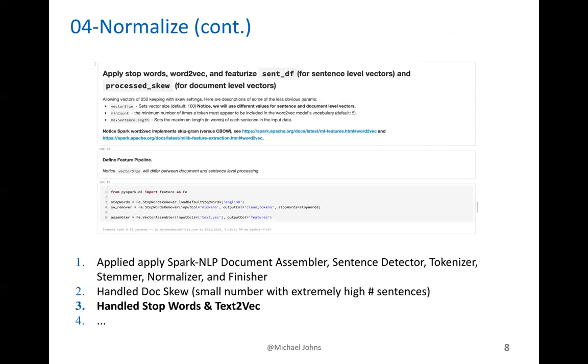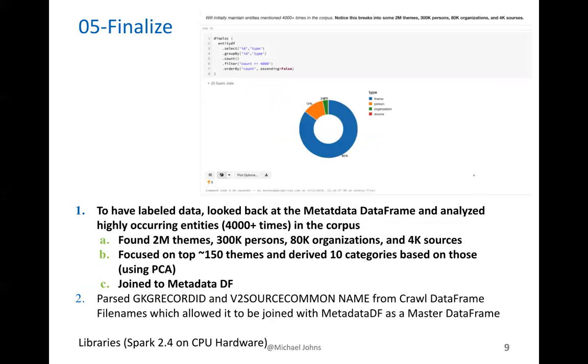So there are several fields that were built early but not ultimately used. In the finalized stage, we have this great entity information that's been extracted on the metadata side. So the thought was to filter highly occurring entities and only keep those, entities that appear 4,000 times or more in the corpus.